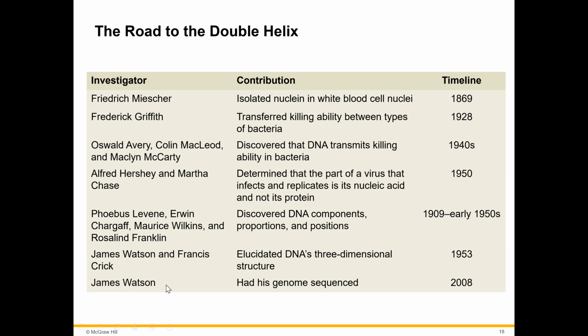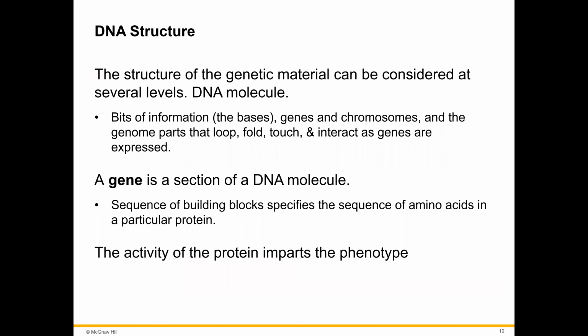And then James Watson later in 2008 had his genome sequenced. Right, so that's the amazing history of DNA, the study of DNA as a core of genetics. The structure of the genetic material can be considered at several levels.